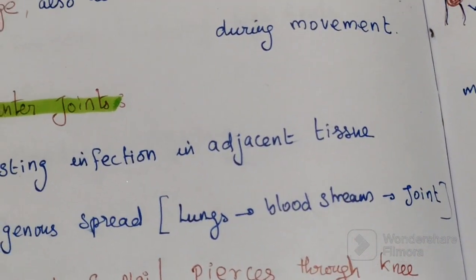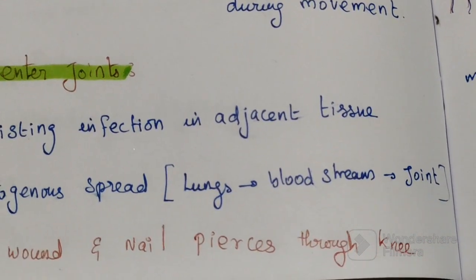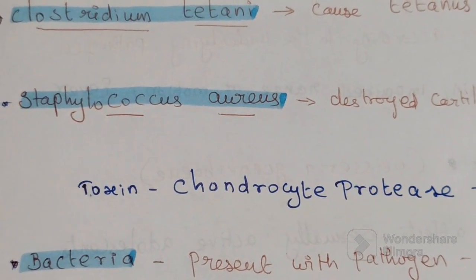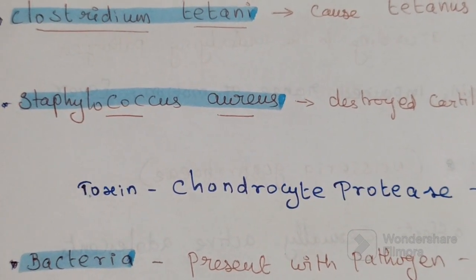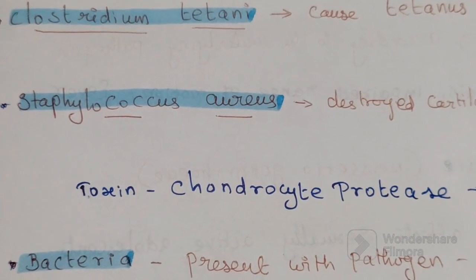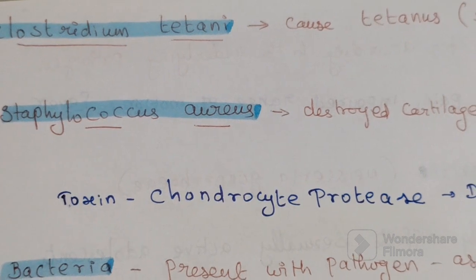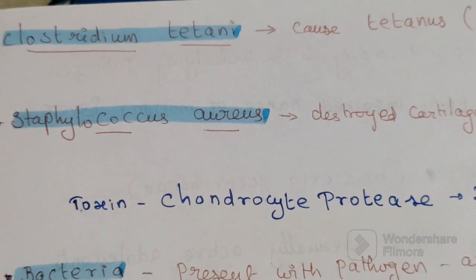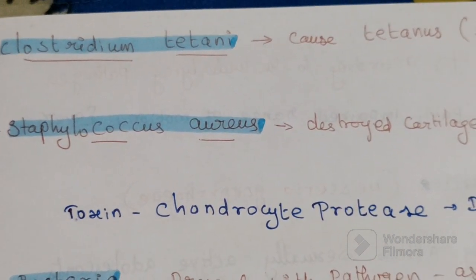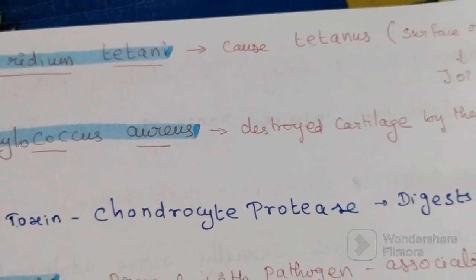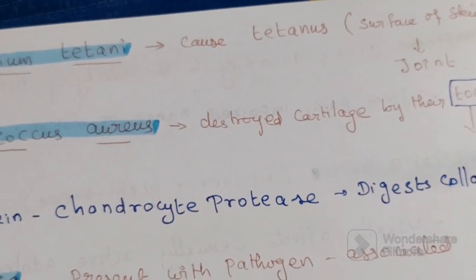Bacteria could come from a nail or live in the environment and enter through broken skin. Which bacterium will enter? Clostridium tetani, which causes tetanus. The disease is called tetanus.